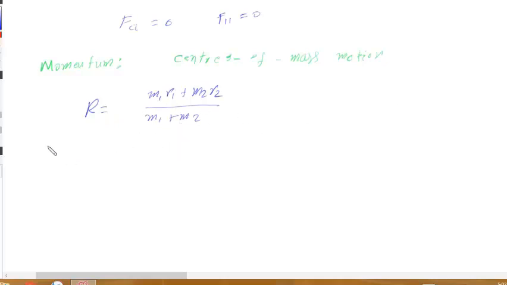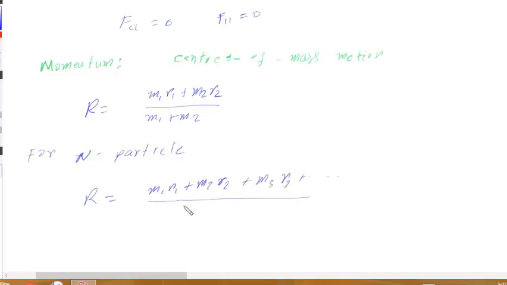Now for n particles, the position of the center of mass can be written as m1 r1 plus m2 r2 plus m3 r3 and so on, divided by m1 plus m2 plus m3 and so on.